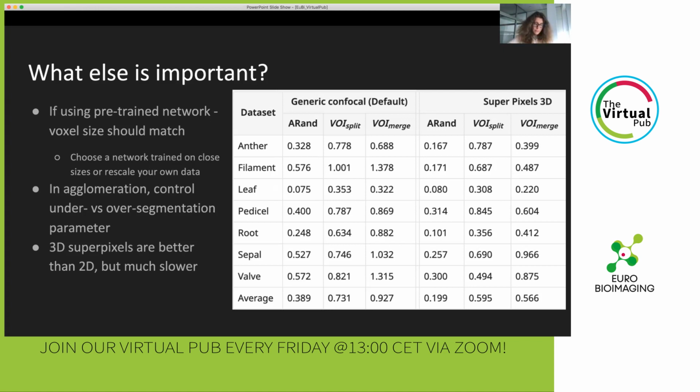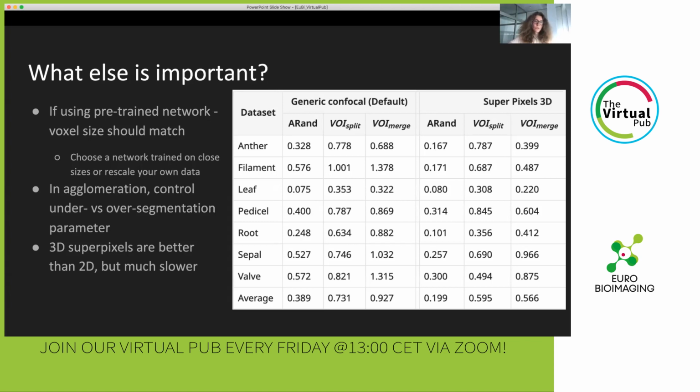Because the networks are not invariant to scale. If it's learned to perform a certain filtering operation, which it encodes in its layers, because it thinks that this is the average width of the boundary, and then you give it different data with a different voxel size, and suddenly the boundary is not 2 pixels thick, but 10 pixels thick, it will be very hard for it to carry over.